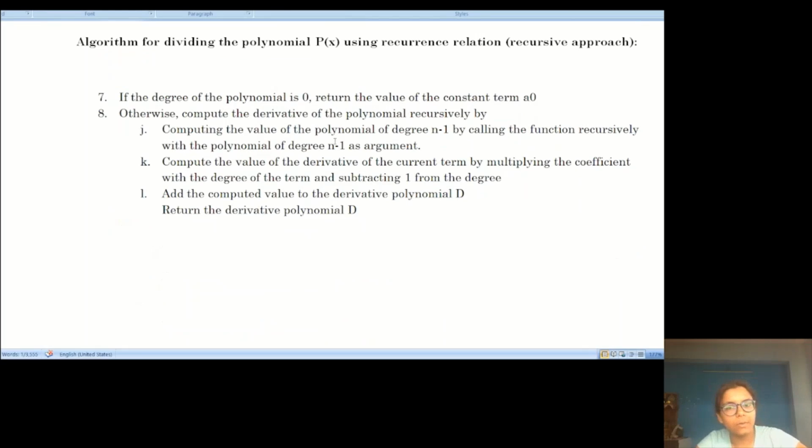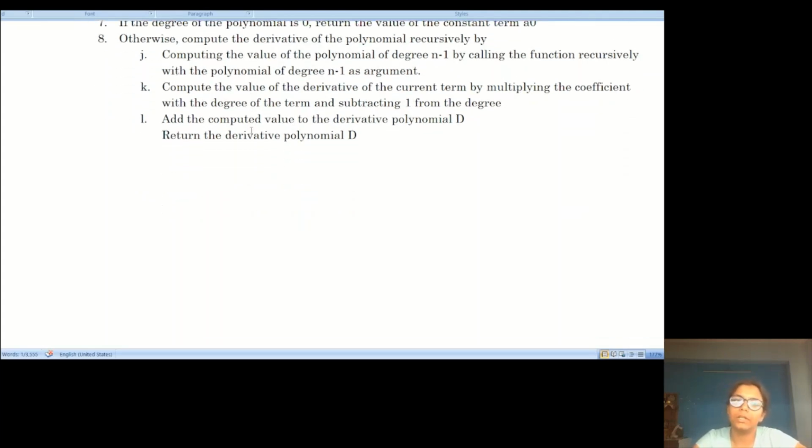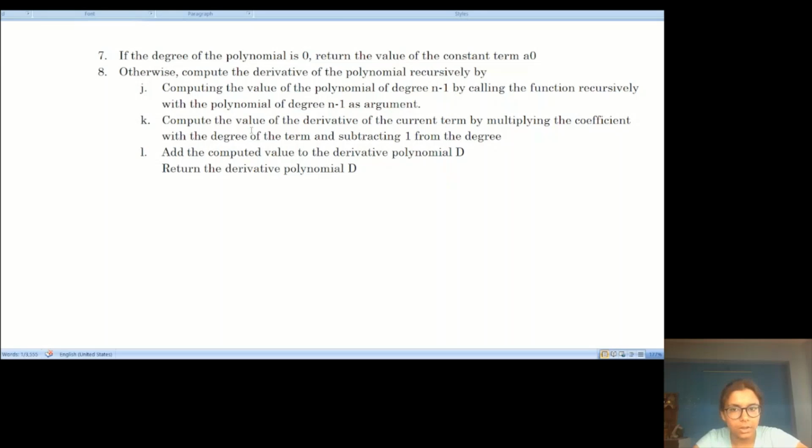Again, for the recursive approach, we have to check if the polynomial is 0 or not. If it is, then we have to just return the value. Otherwise, we have to compute the derivative of the polynomial recursively by computing the value of the polynomial of degree n minus 1 by calling the function recursively.